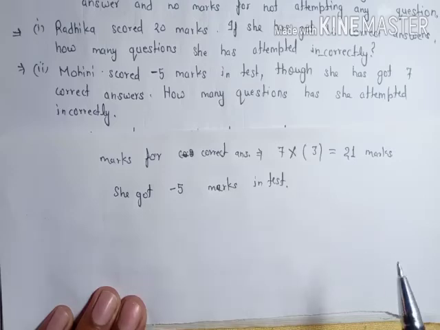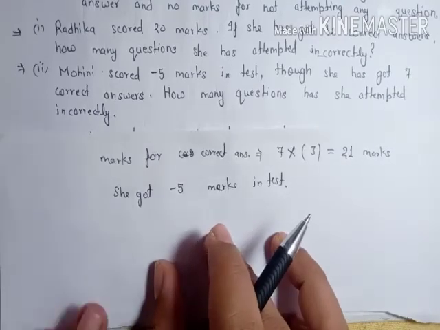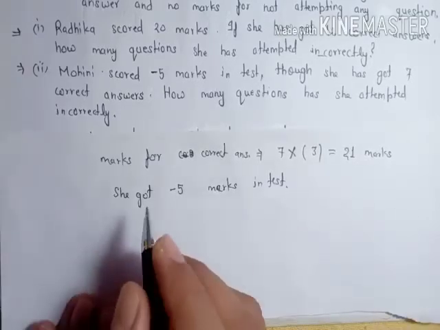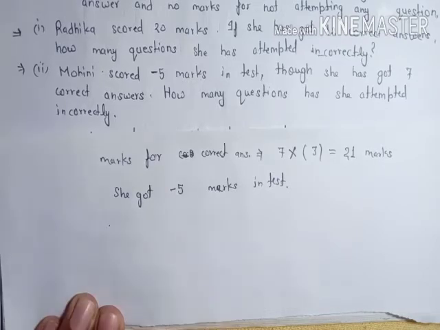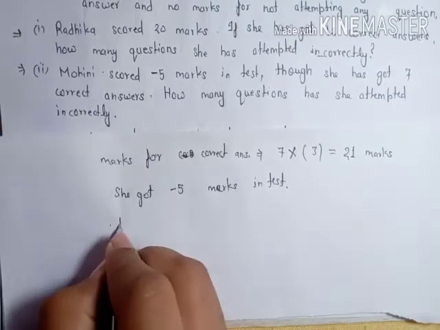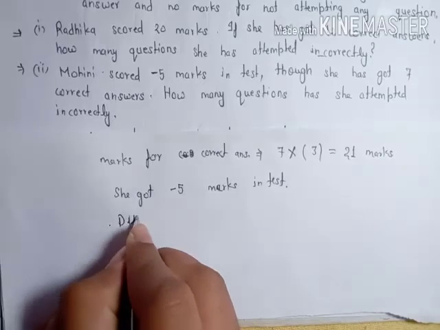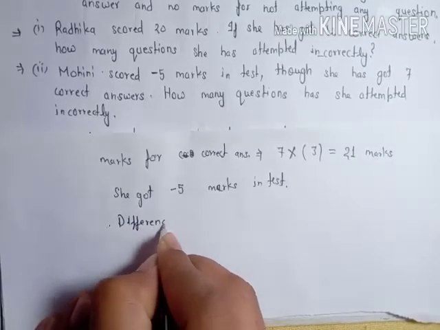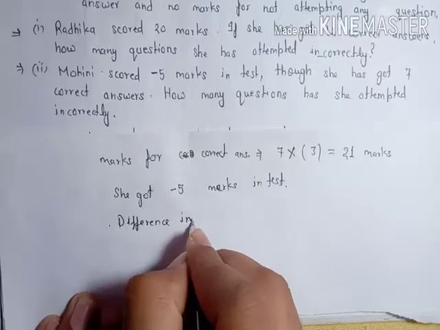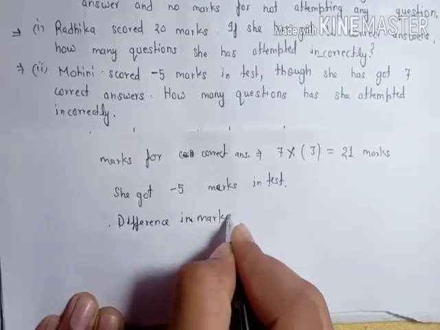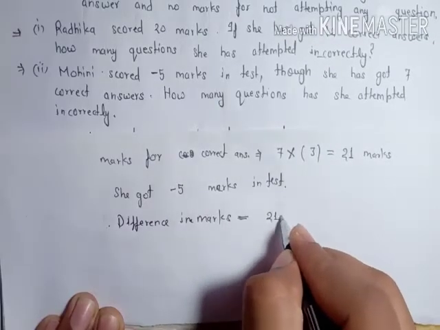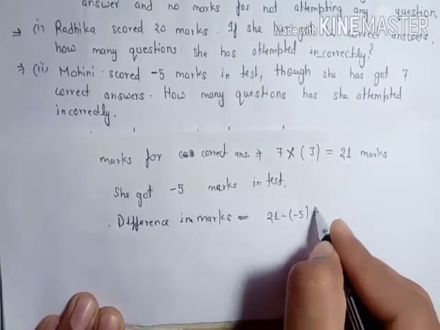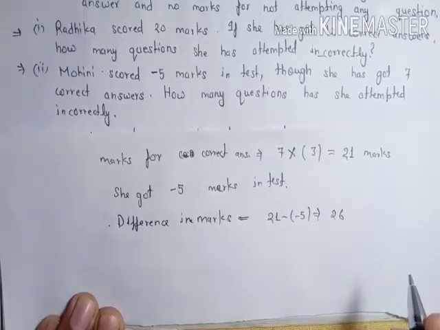That is why she got minus 5 marks. So let's subtract these marks and find the difference in marks. This time the difference in marks is 21 minus minus 5, and that is what? 26.